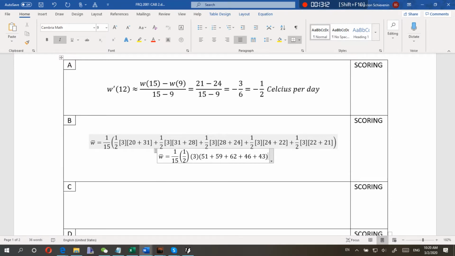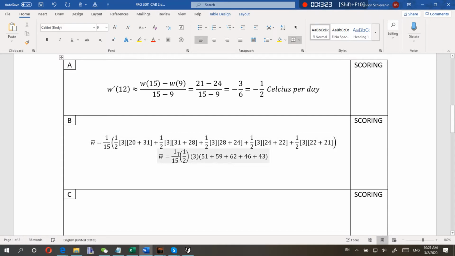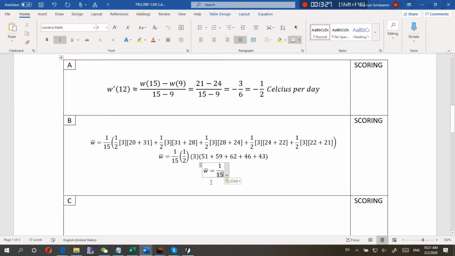Okay, any questions so far? Okay, so the 3 and the 15 can cancel, so that's 1/5 times 1/2 is 1/10. So I've got W prime is now 1/10 of what happens when I sum all of this up.